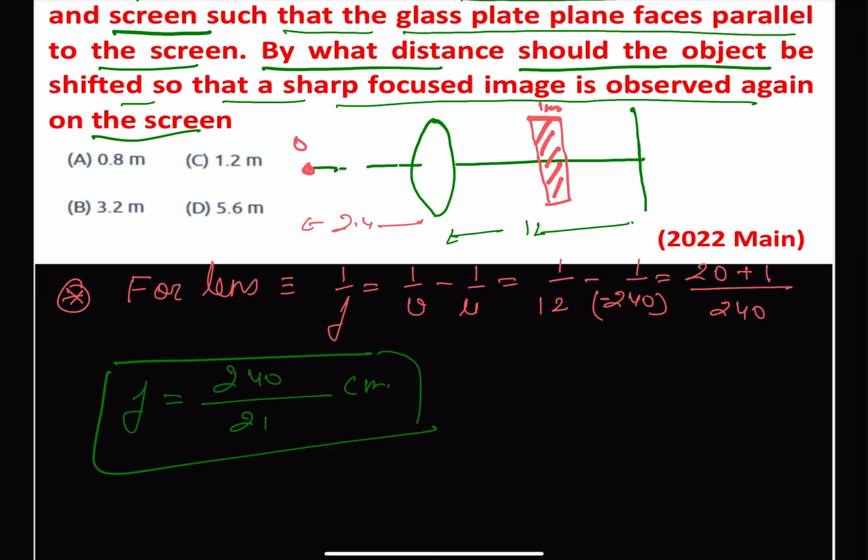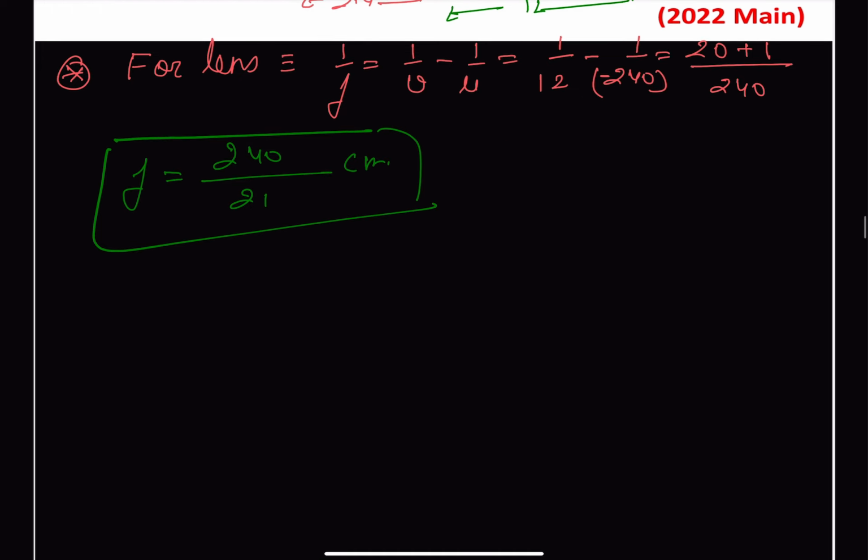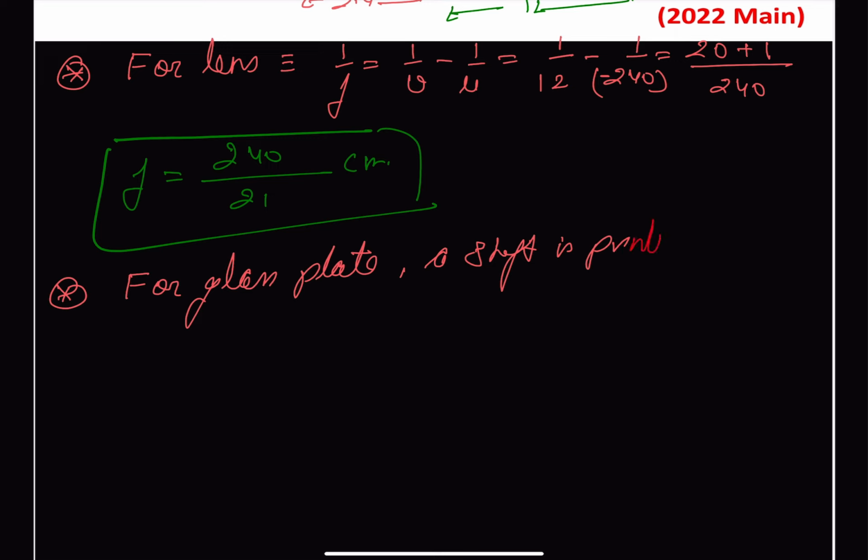And because of the introduction of this slab glass plate, there will be a shift introduced. For the glass plate, a shift is produced, and that shift we can easily find out.